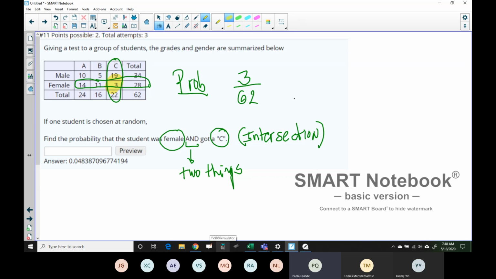Was that a good enough explanation? Yes. So it will be 3 over 62. If you divide 3 over 62, it's going to give you a number very close to what you have there, which I think is 0.048 on my calculator.